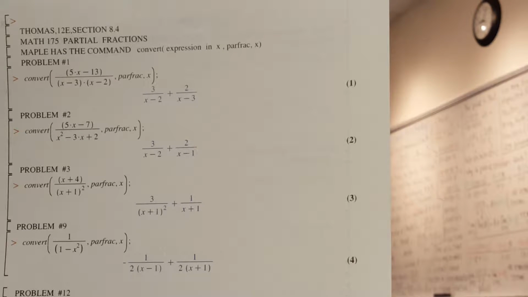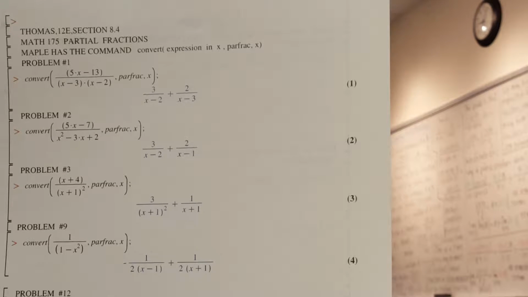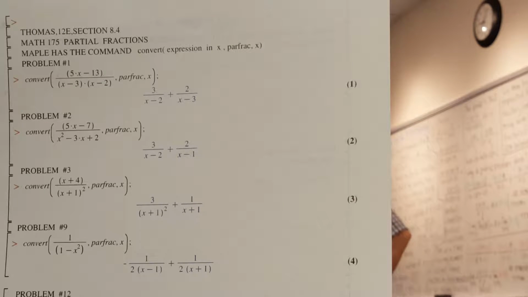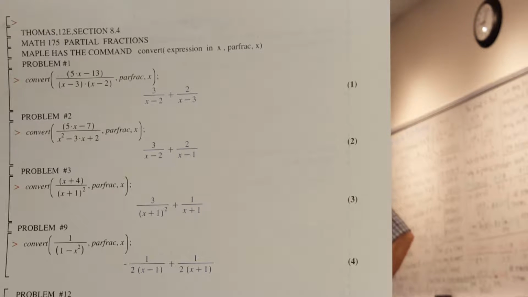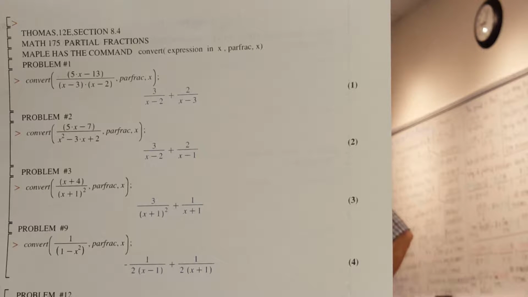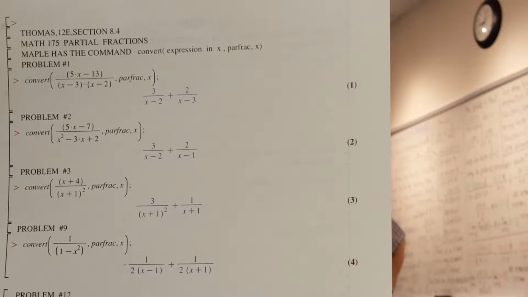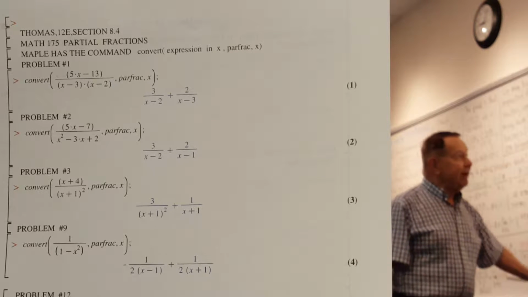And you see the 3 over x plus 1 squared plus 1 over x plus 1. Your graphing calculators will, well, I guess I can't say for sure that all will, but most of them will do partial fractions. If you have one, you can see whether it wants to do them or not.